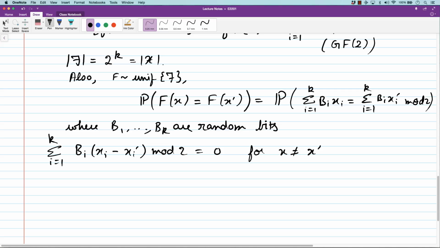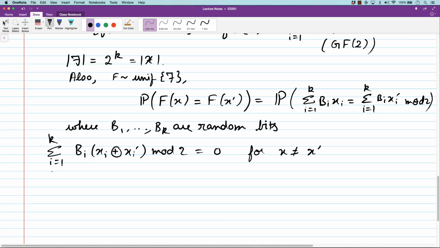This can only be determined by looking at the support of this difference. By the way, this minus and plus are the same. In principle, this is just the XOR of these two bits. So wherever x and x prime differ, in those locations we need to have an even number of b_i's that are 1. So look at the locations where x and x prime differ, and we need to have an even number of ones in b at those locations.